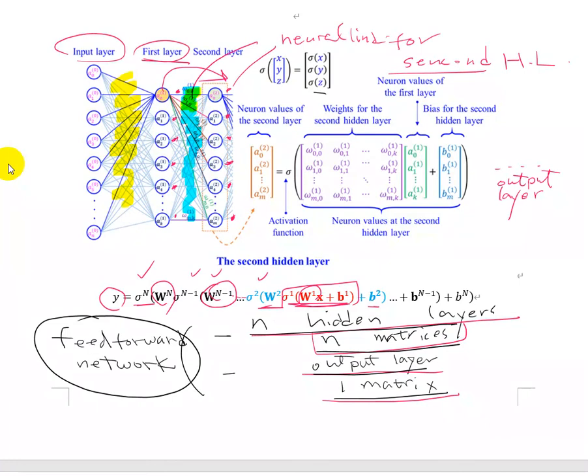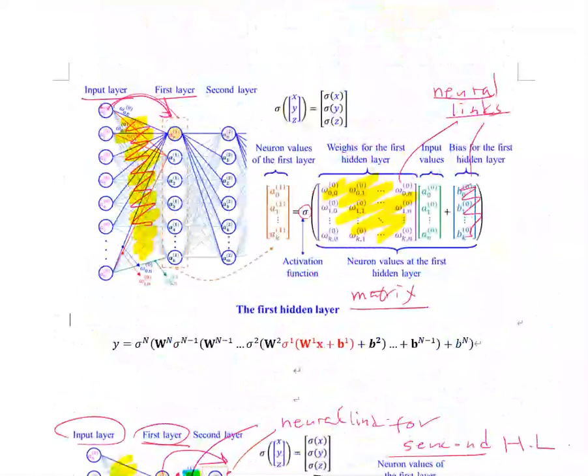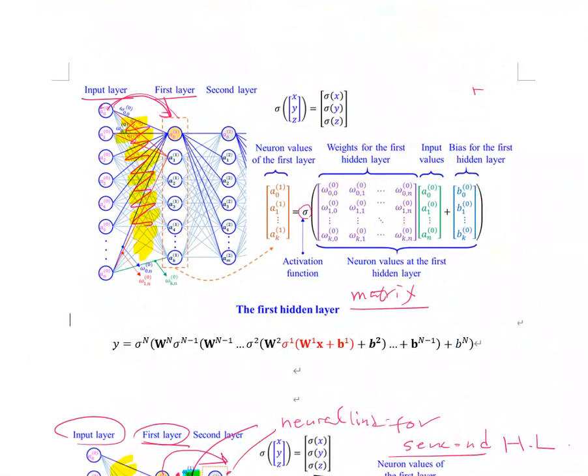Of course, the first layer is the input layer, so the input layer is shown in the very first matrix formulation right there. This is the first weight matrix, and this is the input layer.